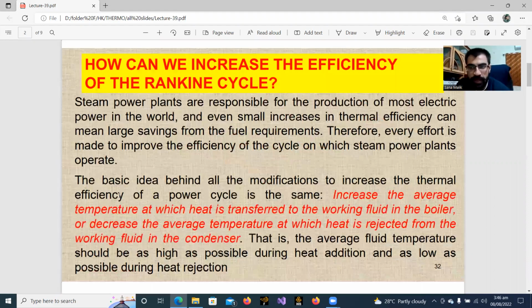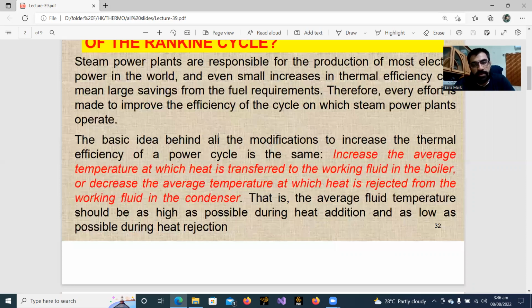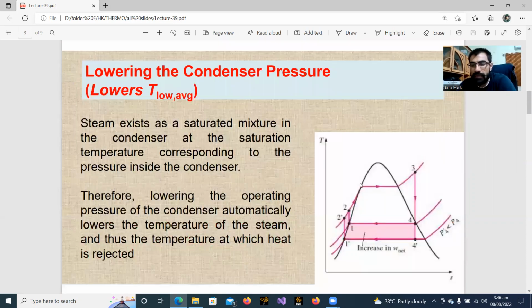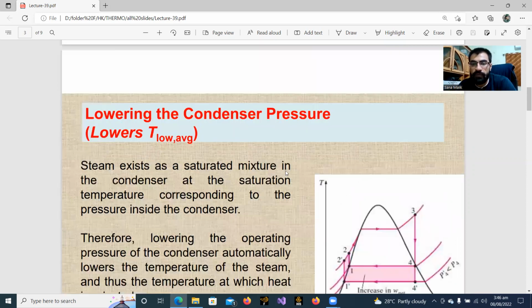So this is a simple theoretical concept of how we can increase the efficiency of a Rankine cycle. Basically, the main purpose is to increase the average temperature at which heat is supplied. If the temperature of the steam is increased, that is directly proportional to the efficiency of the steam power plant.